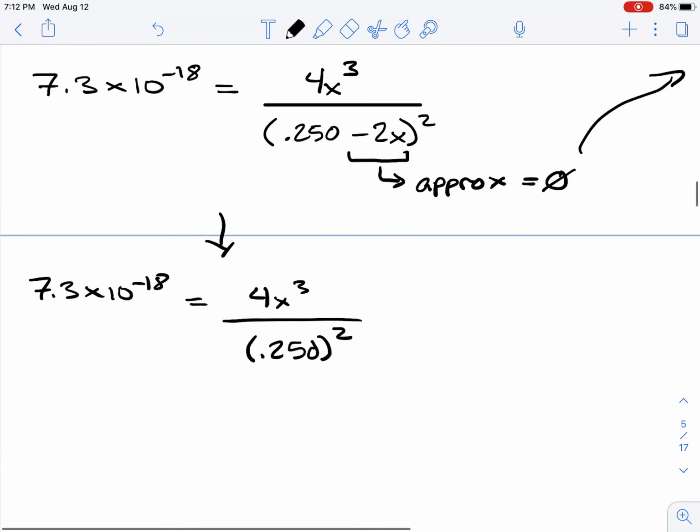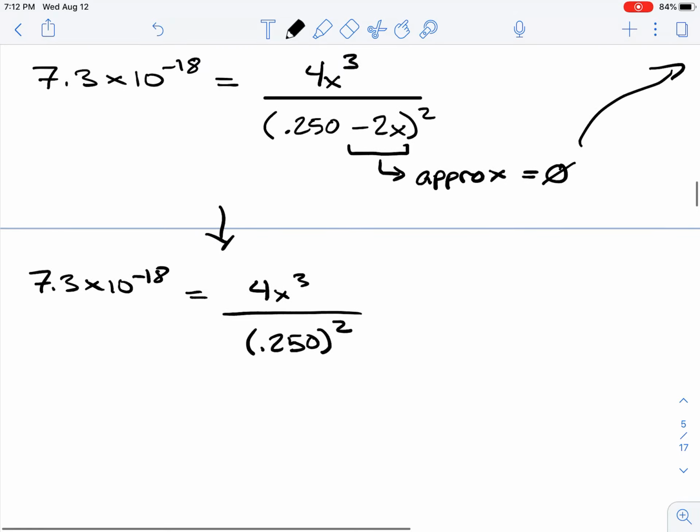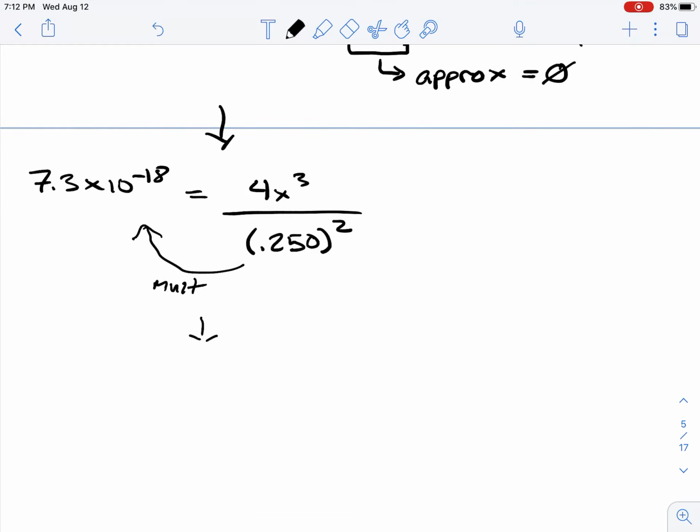And so by approximating that x in the denominator, I've really made this mathematical expression very easy to solve. And so I'm just going to go ahead and multiply this to the other side. And I get 7.3 times 10 to the negative 18, parentheses 0.250 squared, that's equal to 4x cubed.